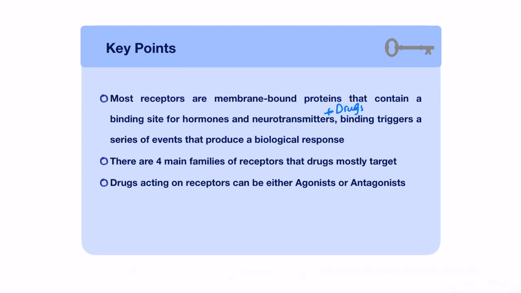But as we said, not all of them are membrane-bound. They could be intracellular or nuclear. There are 4 main families of receptors that drugs mostly target, and we have come across these 4. The drugs acting on receptors can be either agonists or antagonists.